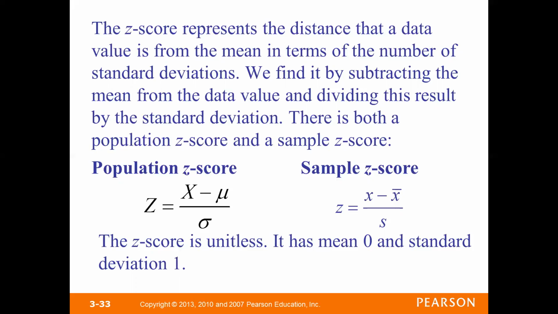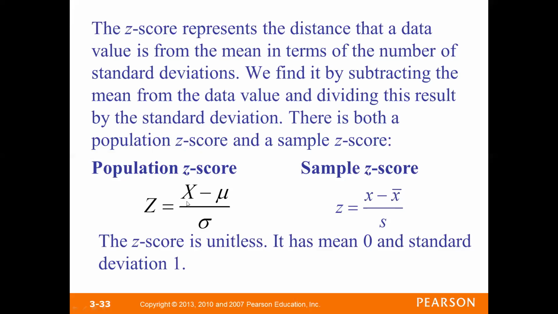As we start the section on inference, we will use sample information to try to infer something about the population. We will end up using the sample z-score much more. Note that mu is the population mean and x bar is the sample mean. Sigma is the population standard deviation and s is the sample standard deviation.